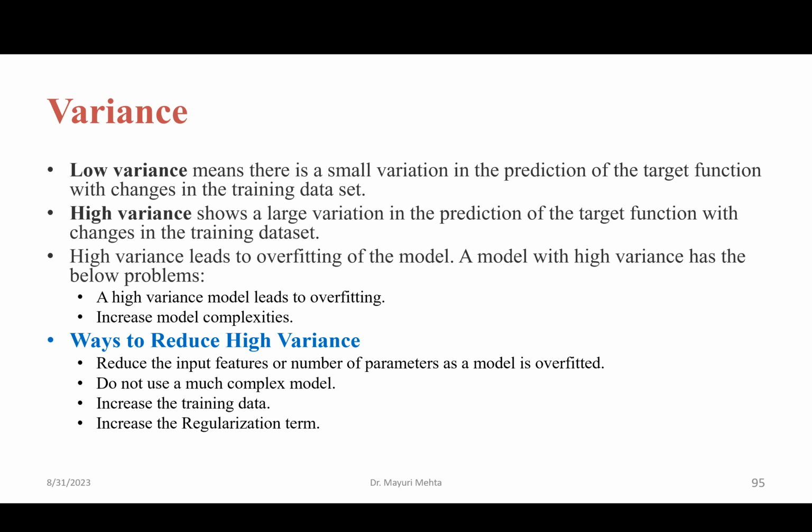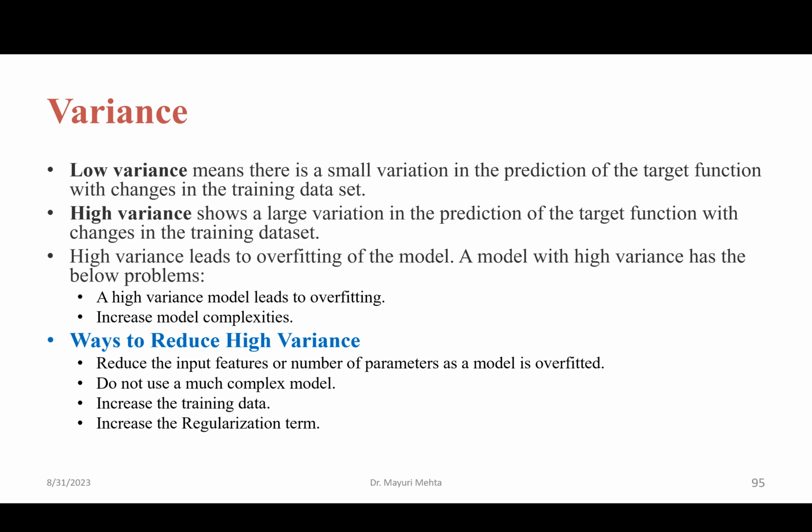When a model overfits, it learns too much. So when it has learned too much, we need to reduce the input features. To reduce the high bias, when the model is underfitted, it has not learned well, and then we need to increase the input features.